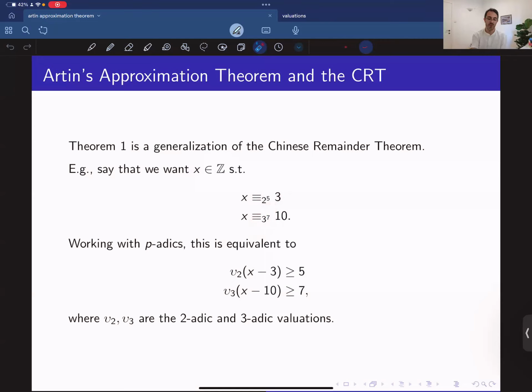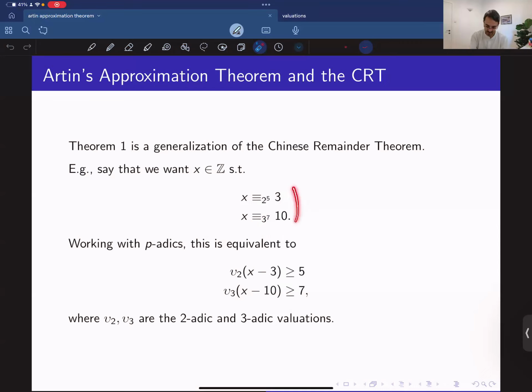So you want to find a number that, with respect to the 2-adic metric, is 3, but in a sense up to multiplicity 5, and to multiplicity 7 with respect to the 3-adic valuation.